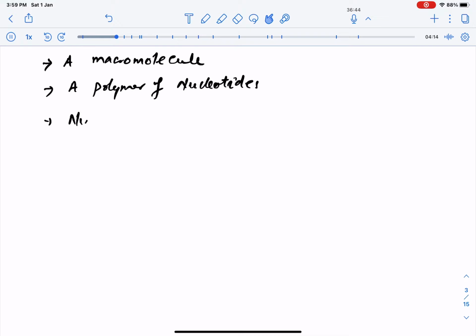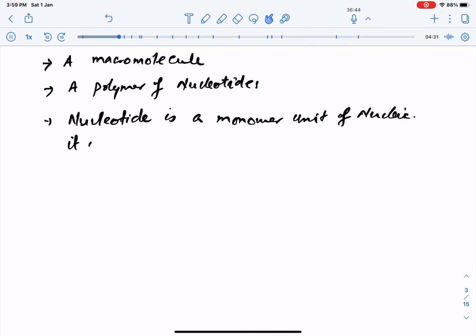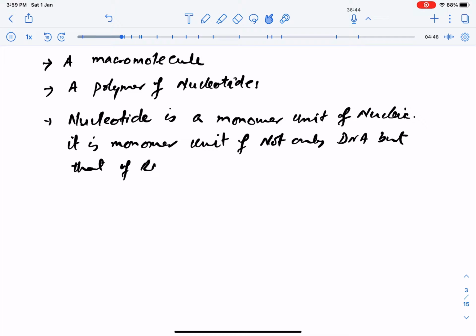So nucleotide is a monomer unit of nucleic acid. It is the monomer unit of not only DNA but that of RNA too.